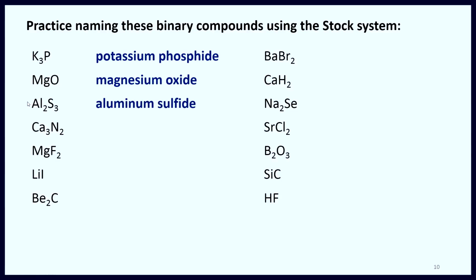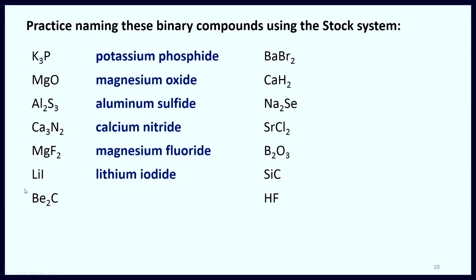Al2S3 is aluminum sulfide. Ca3N2 is calcium nitride. MgF2 is magnesium fluoride. LiI is lithium iodide.